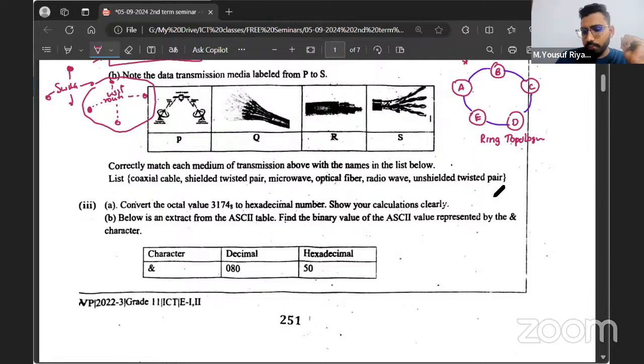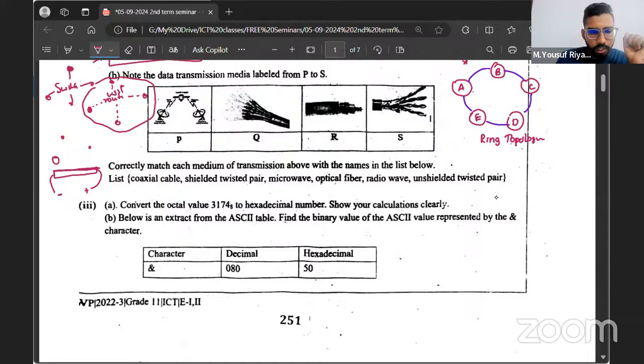Difference between switch and hub. Imagine a normal switch. Imagine you have four bulbs, and there is a wire and a battery. From this battery, I'm taking one terminal for the negative side and one terminal for the positive side.